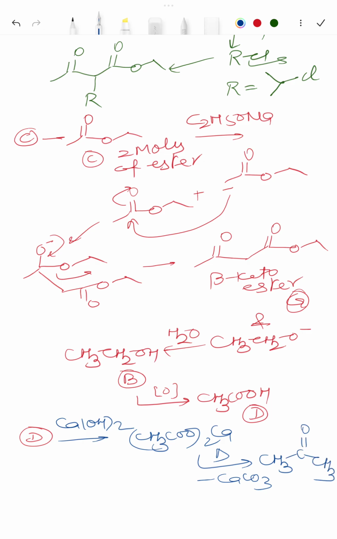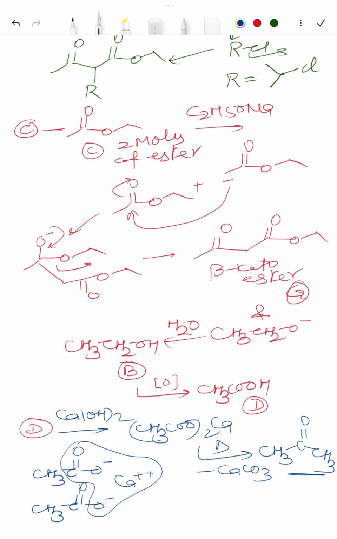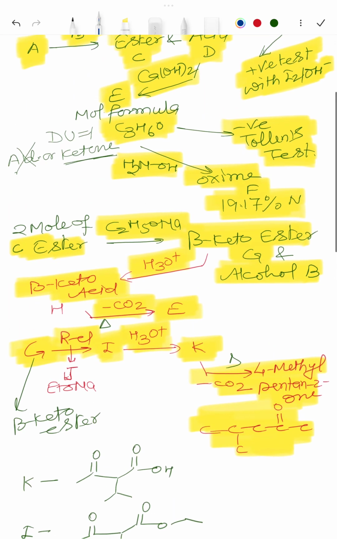You already know this very well: it is the dry distillation of a calcium salt. Let's explain the reaction of CH3COO⁻ and Ca²⁺. When you heat this salt, calcium carbonate is removed and acetone is formed.